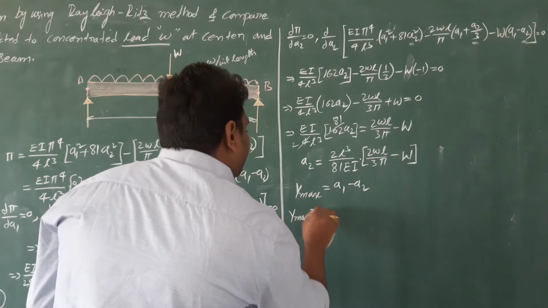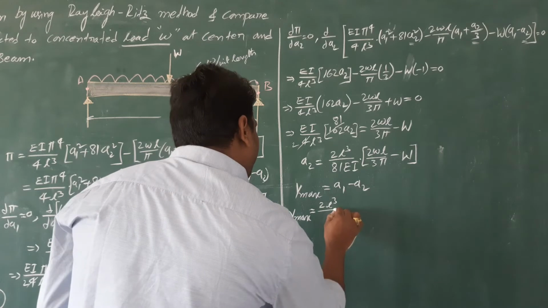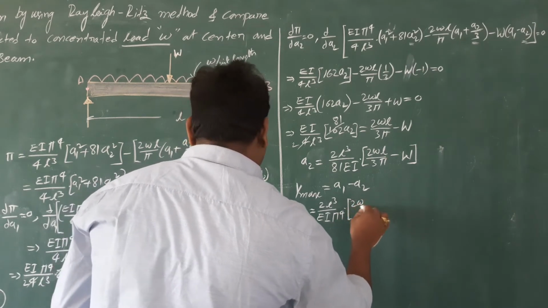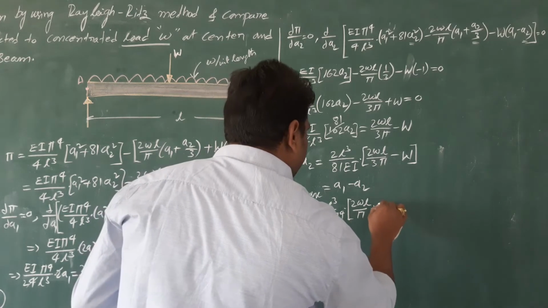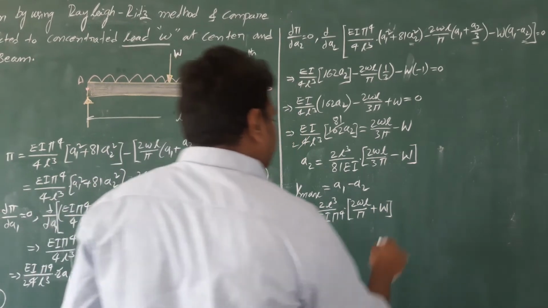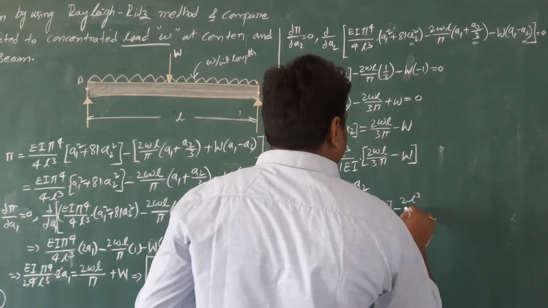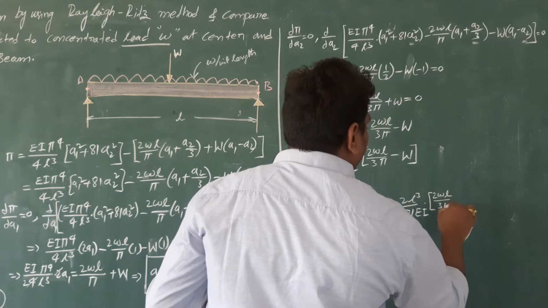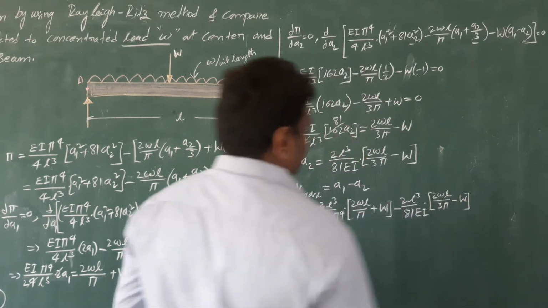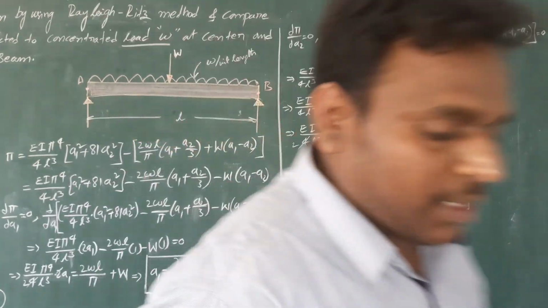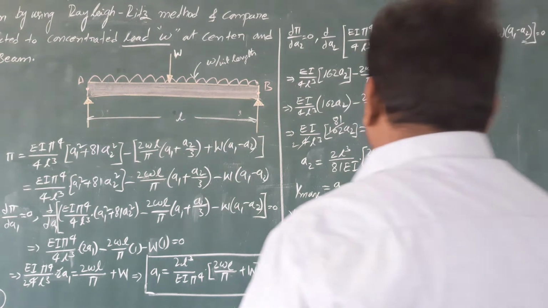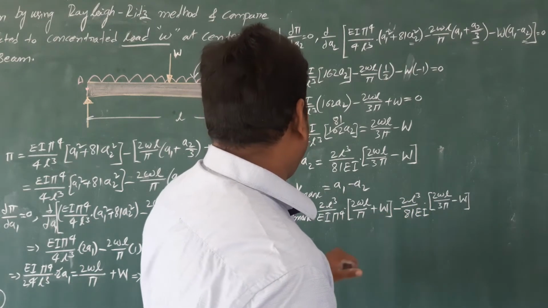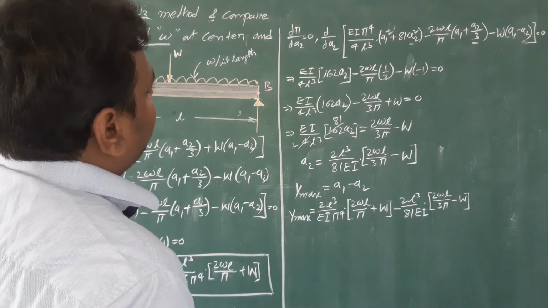Y max is equal to 2L cube divided by EI pi power 4 into 2WL by pi plus capital W, minus 2L cube by 81 EI into 2WL by 3 pi minus capital W. Here 2L cube is there, and there also 2L cube EI pi power 4, and here also.